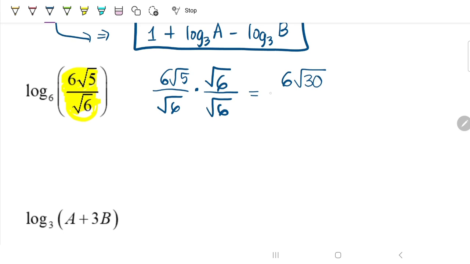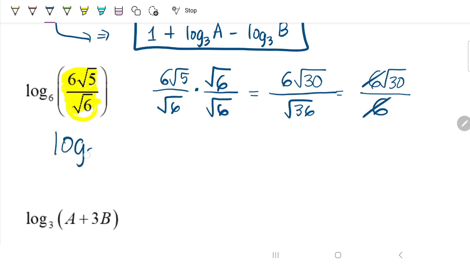Then, all over square root of 6 times square root of 6, we have square root of 36. And we know that square root of 36 is just equal to 6. Okay, so this is 6 over square root of 30 divided by 6. So, cancel out 6. So, this becomes log base 6 of, essentially, square root of 30.